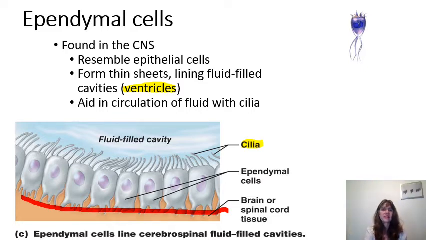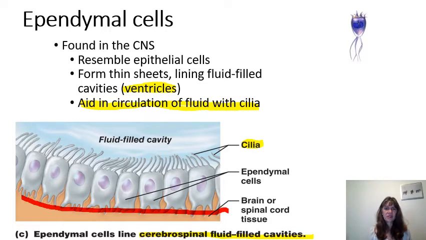So we see these producing cerebrospinal fluid because they line cerebrospinal fluid-filled cavities, and they aid in the circulation of that fluid.